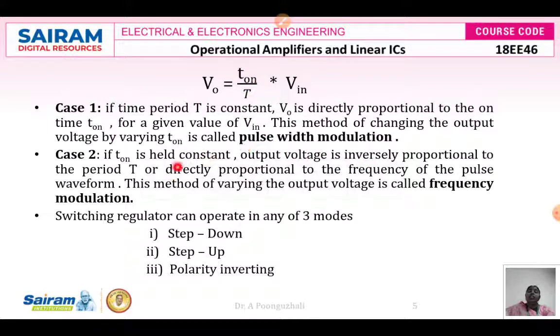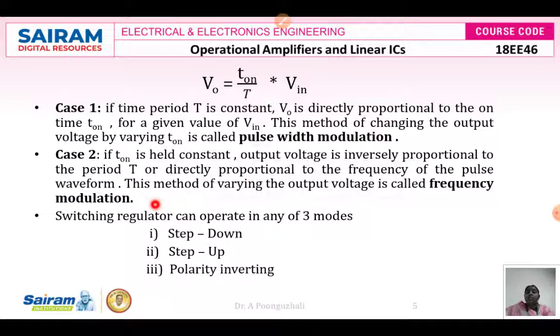The next case: suppose I keep T on constant. Then my output voltage is inversely proportional to the period T. Writing it in terms of frequency, we know that 1 by T is equal to F, so T on into F. So we can say that the output voltage V0 is directly proportional to the frequency of the pulse wave. When it is directly proportional to the frequency of the pulse wave, we call that type of modulation frequency modulation.